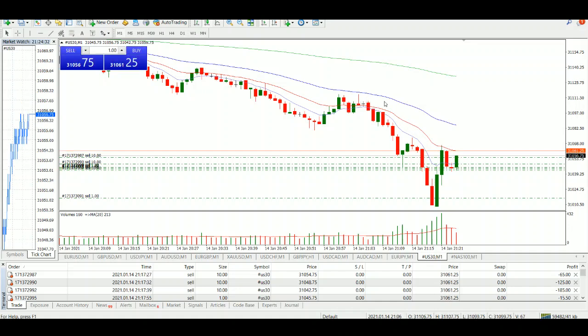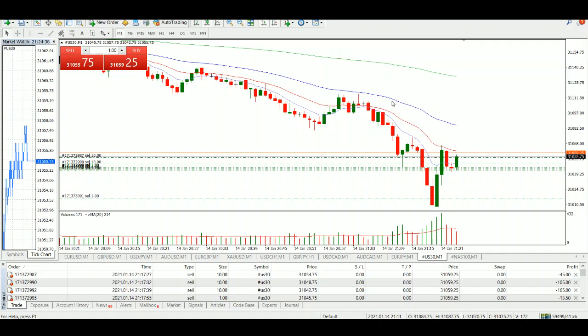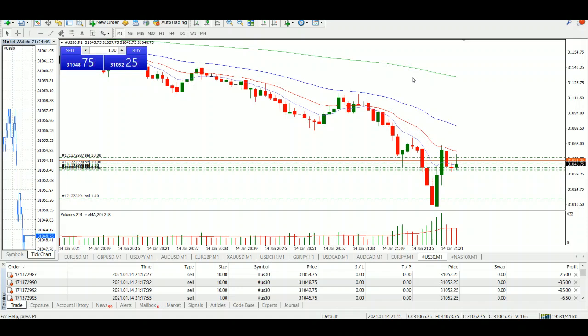So mainly price is unable to break above EMA 50, or in other words, price is unable to break the second resistance area, which is more powerful than the first. The most powerful one is the last one, between EMA 50 and 200. But price is unable to reach this last one.